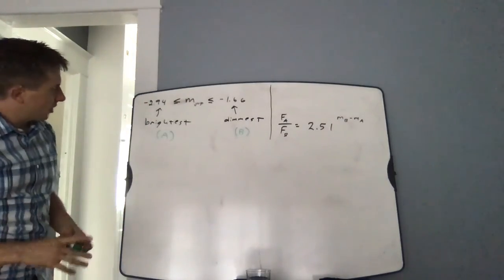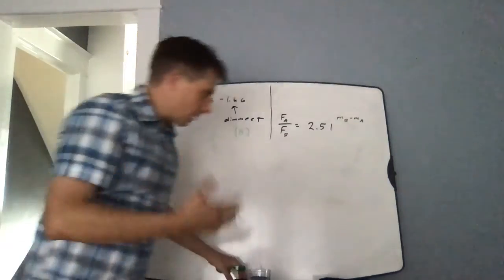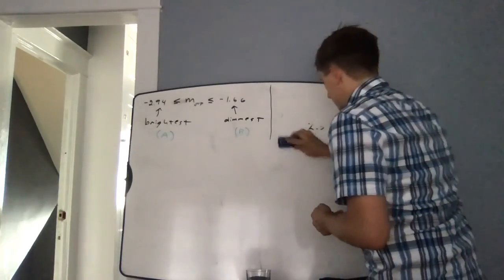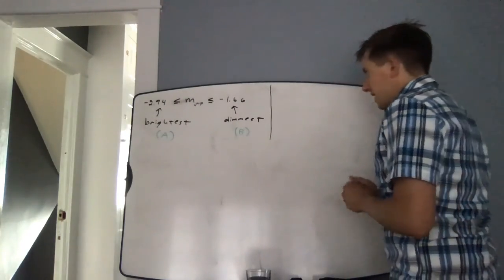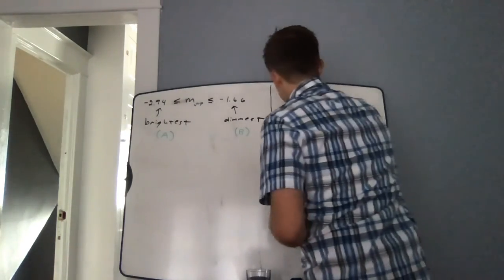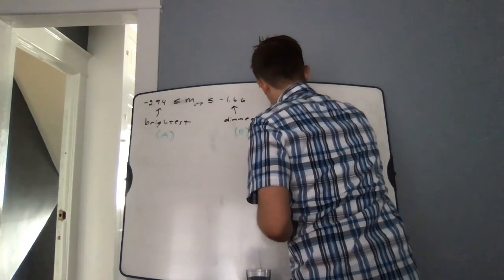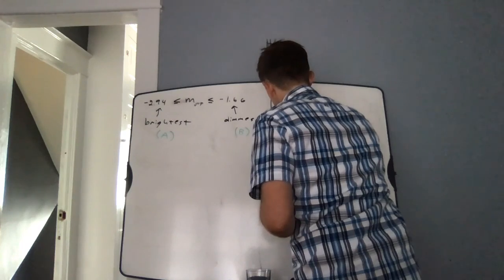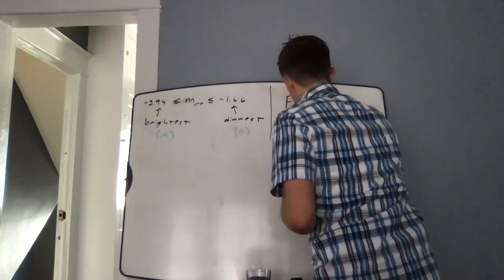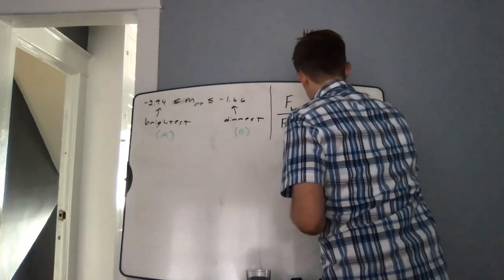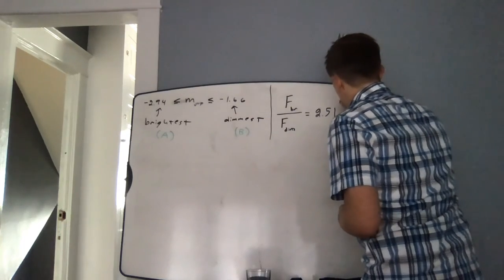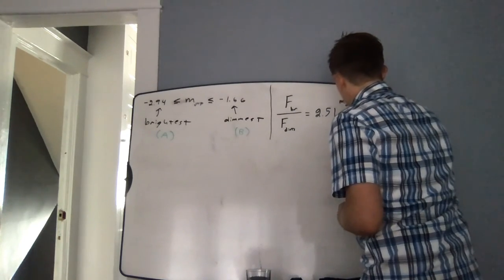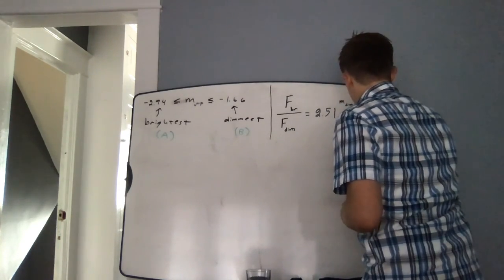So when I rewrite this equation with these new subscripts, I would have FBr over FDim equals 2.51 to the MDim minus M bright.